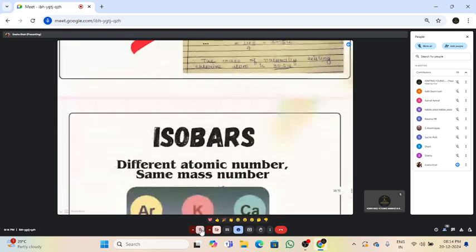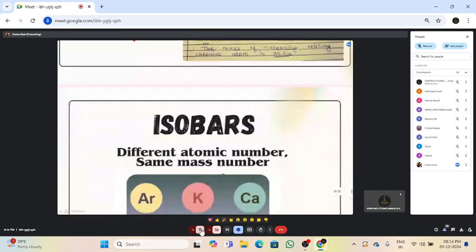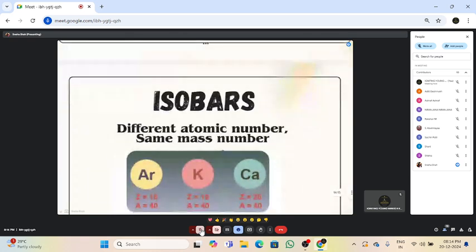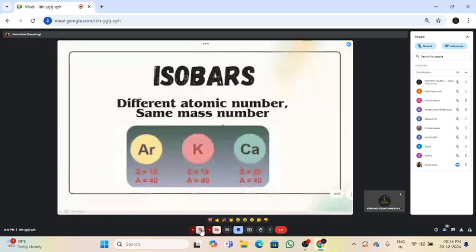This is the last topic, and this is a very short one. There is nothing more to understand here. Isobars are elements with different atomic numbers. Same atomic number represents the same element, but different atomic numbers make them different elements, and they have the same mass number.